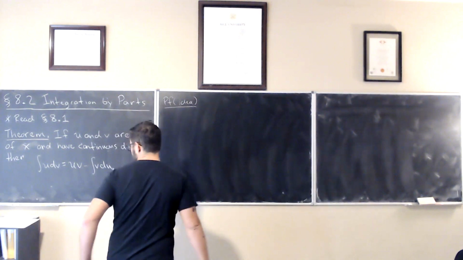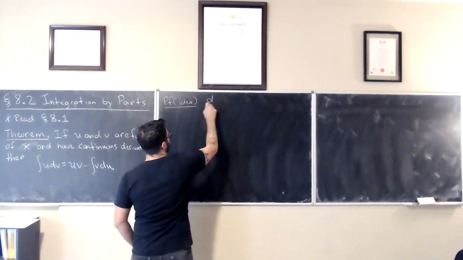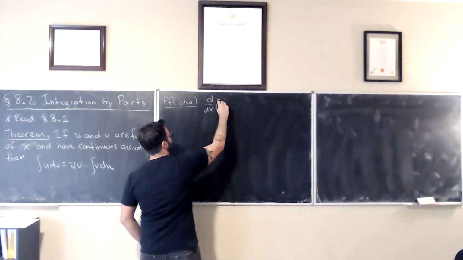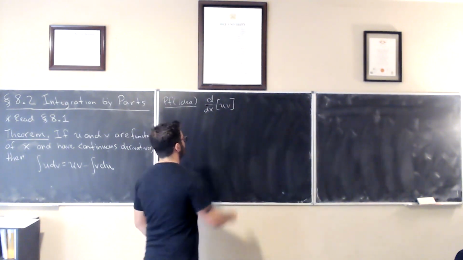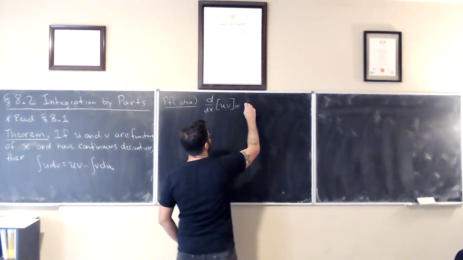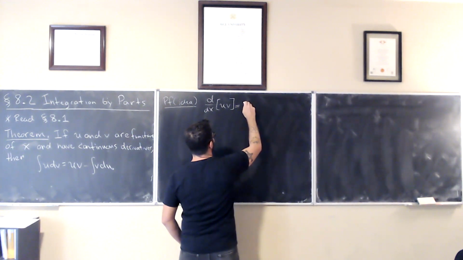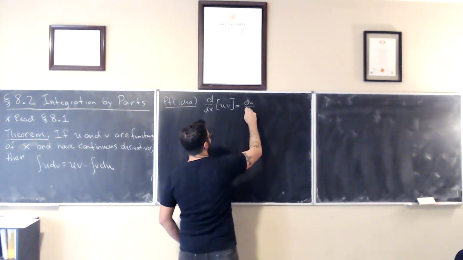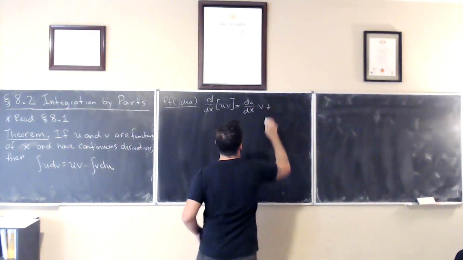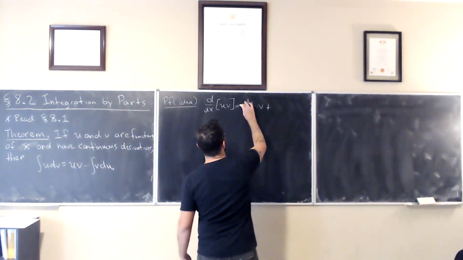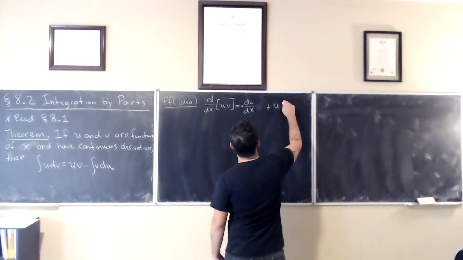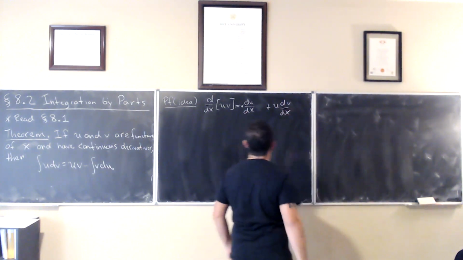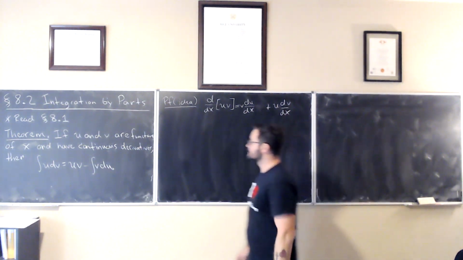If we look at the derivative with respect to x of u v, and these are both functions of x, then we can write this as v du/dx plus u dv/dx, right? Which is the product rule.